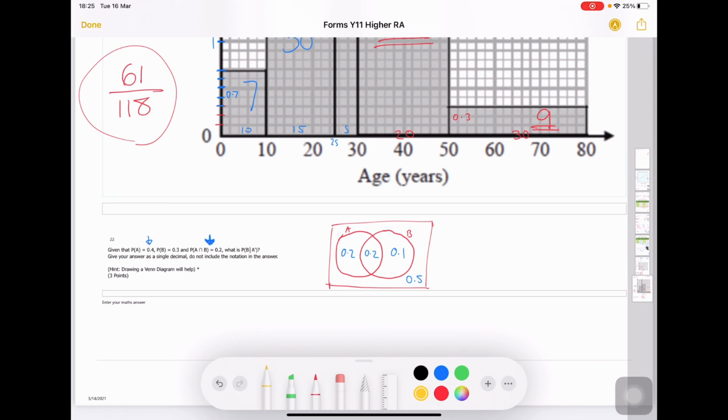In other words, we need to do 1 take away the probability that it is A. Okay, let's just shade it in like this.